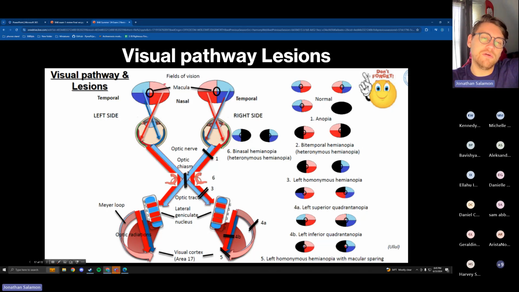So usually you don't get binasal hemianopia. Binasal hemianopia would be if you have bilateral internal carotid artery aneurysms. Very rare. Usually it'll just be unilateral hemianopia.